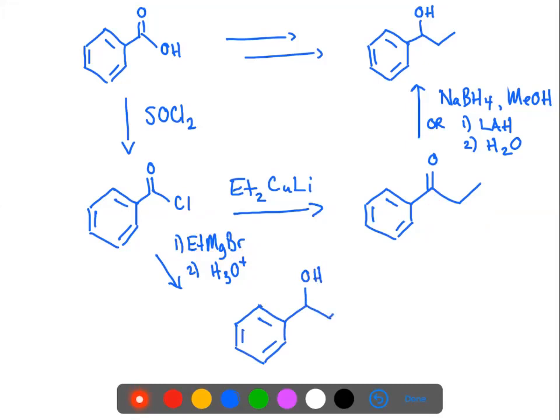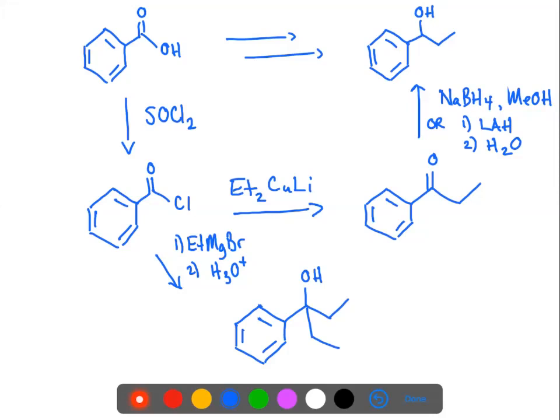So yes, you would have formed one carbon-carbon bond-forming reaction to give you the ethyl group, but you would have formed a second one as well. Again, very difficult to control. Even if you're just using a single equivalent of the Grignard, it's very difficult to control the reactivity with the ketone that's generated in situ.